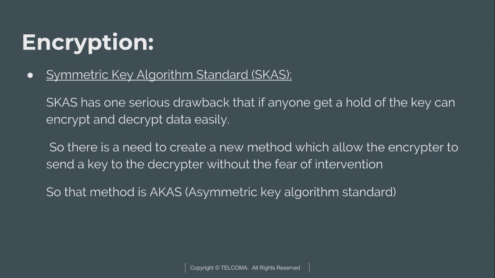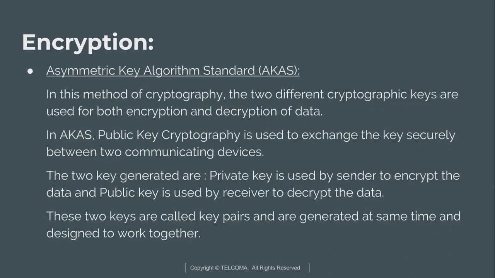So a new method was developed known as AKS, that is asymmetric key algorithm standard. Let's discuss this. In this method of cryptography, two different cryptographic keys are generated and used for encryption and decryption of data. In AKS, public key cryptography is used to exchange the key securely between two communicating devices.